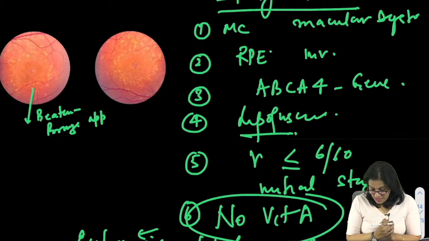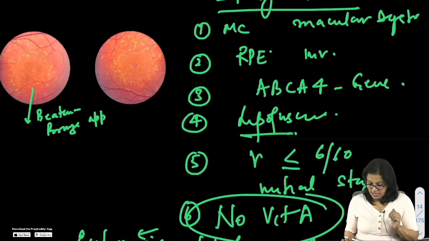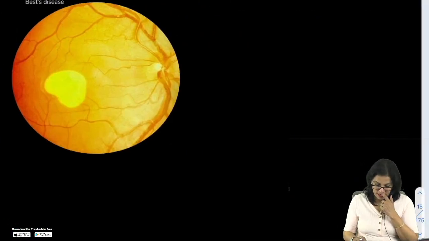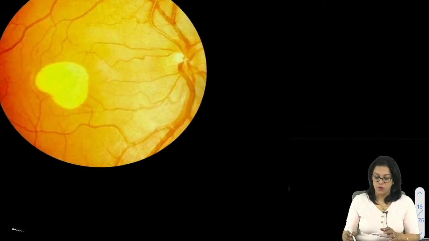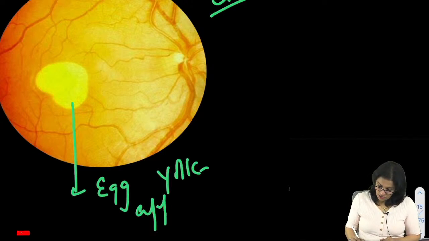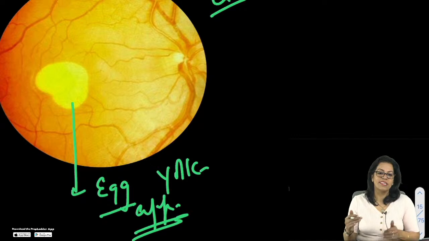We come to the next important thing. This was Stargardt's, a quick revision. When you are talking about dystrophy, we come to the next slide. This again is a very important slide for you all. Make a cue there. This is what is egg yolk appearance, correct? So this is our egg yolk appearance, and we are talking about Best vitelliform dystrophy or Best disease. I always joke, Best means it's a name, okay? It's not best disease.